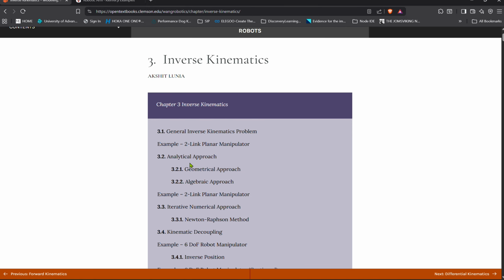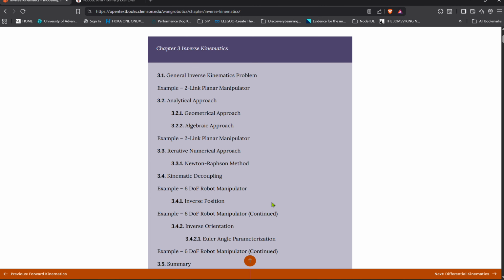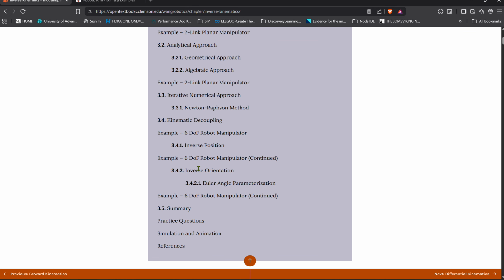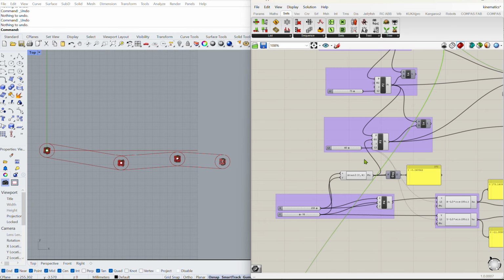Most of what we have is taken from 3.2, analytic approach, geometric approach, and then we have some taken from 3.4 in kinematic decoupling and inverse orientation. There's a 3-link example in the practice questions at the bottom, which we use to figure out our equations.